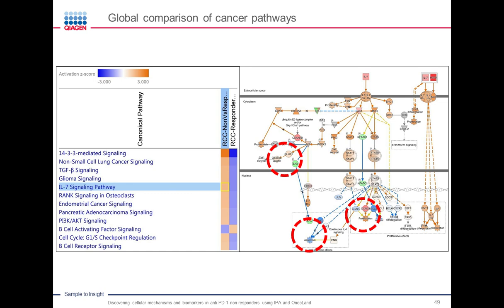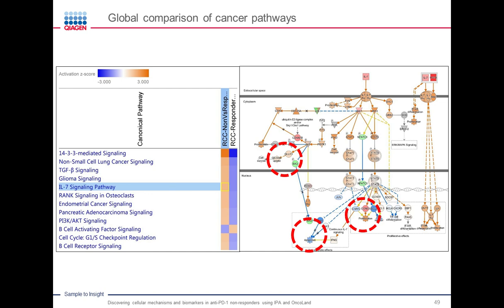In IPA, you can turn on these heat maps, and using these heat maps, you can compare multiple groups, right? So over here, what I have told IPA is show me only cancer pathways and show me how they are differentially activated between non-responder and responder data set. So in one column, I have non-responder, which is the orange column, and in the other column, I have responder, which is the blue column.